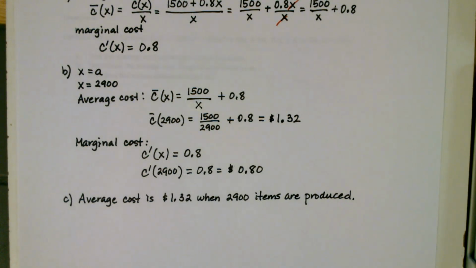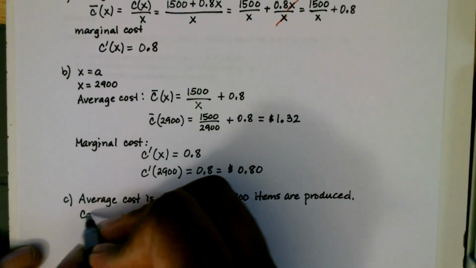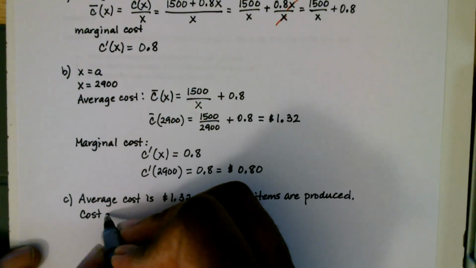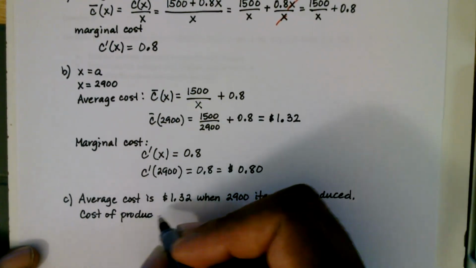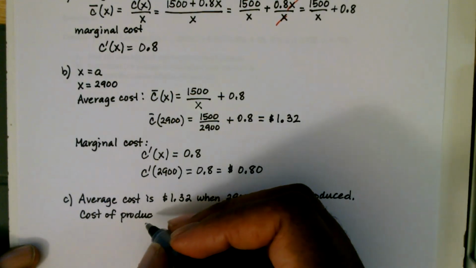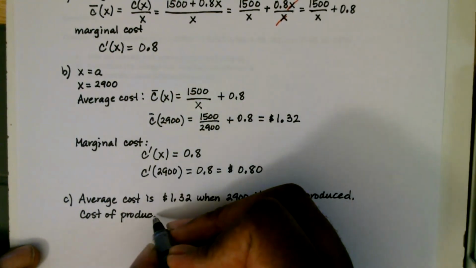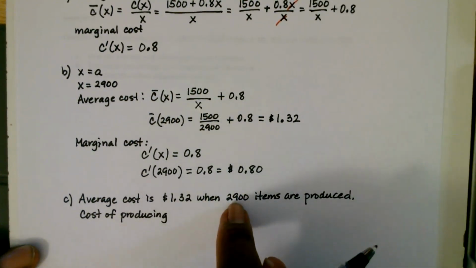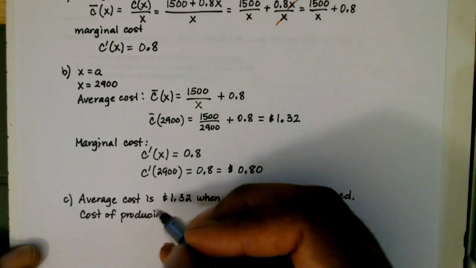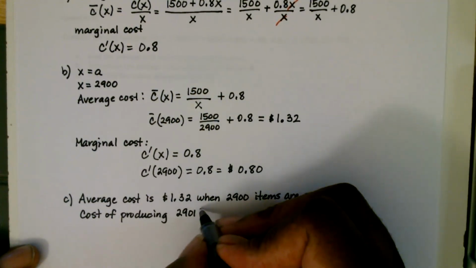Now, what about the marginal cost? How can we interpret that? Keep in mind that the marginal cost is the approximate cost to produce one additional item. After 2,900 items have been produced, the one extra would be 2,901.